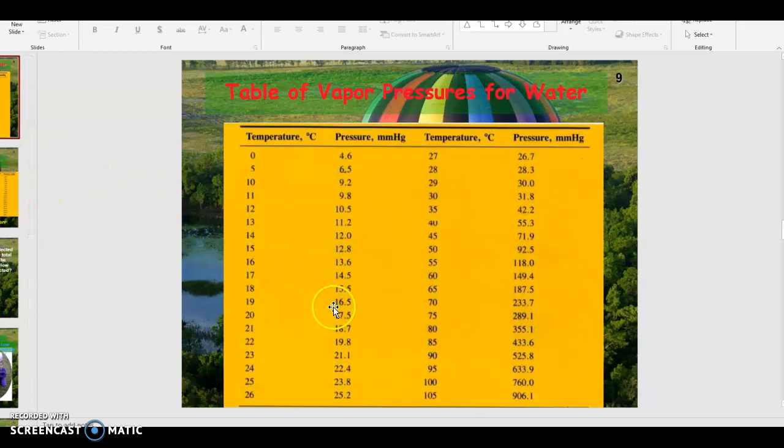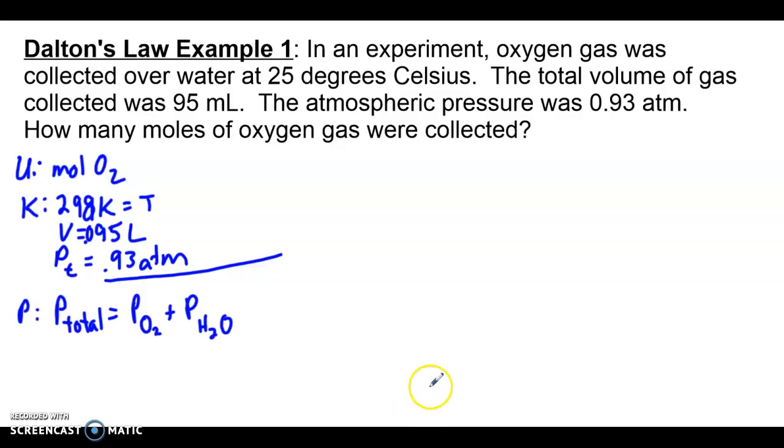So let's look back for a second. At 25 degrees Celsius, the vapor pressure of water is 23.8 millimeters of mercury. So I'm going to convert, you don't have to do it this way, but I'm going to convert the atmospheres to millimeters of mercury. You could do it the other way.